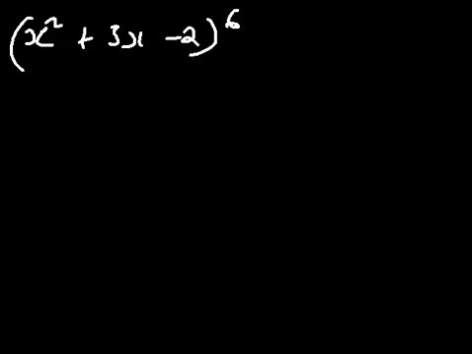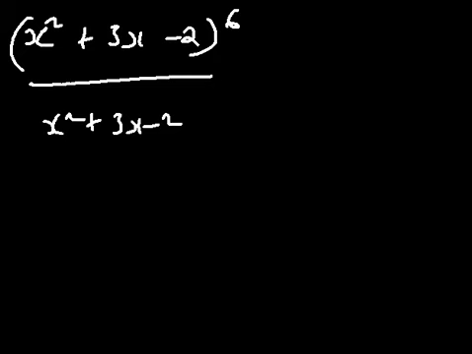You should understand this much. Let's say we have x squared plus 3x minus 2, all to the power 6, divided by x squared plus 3x minus 2. What is that?